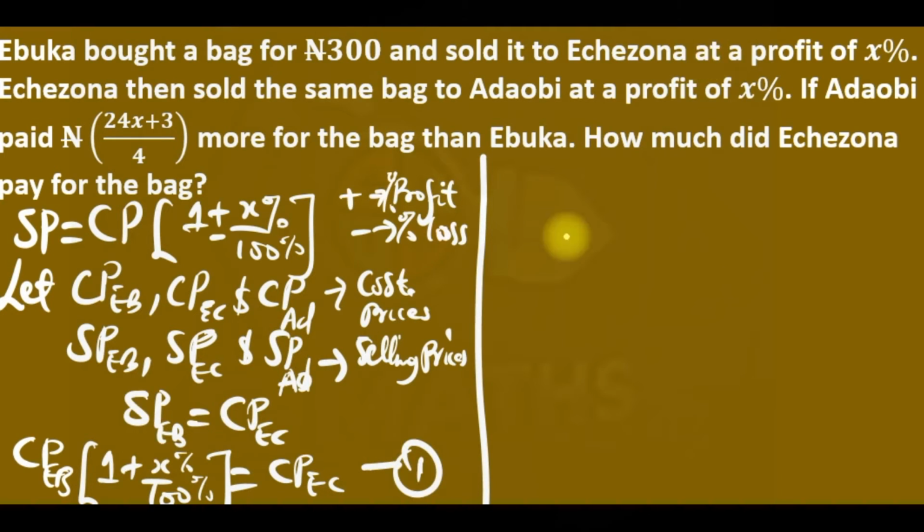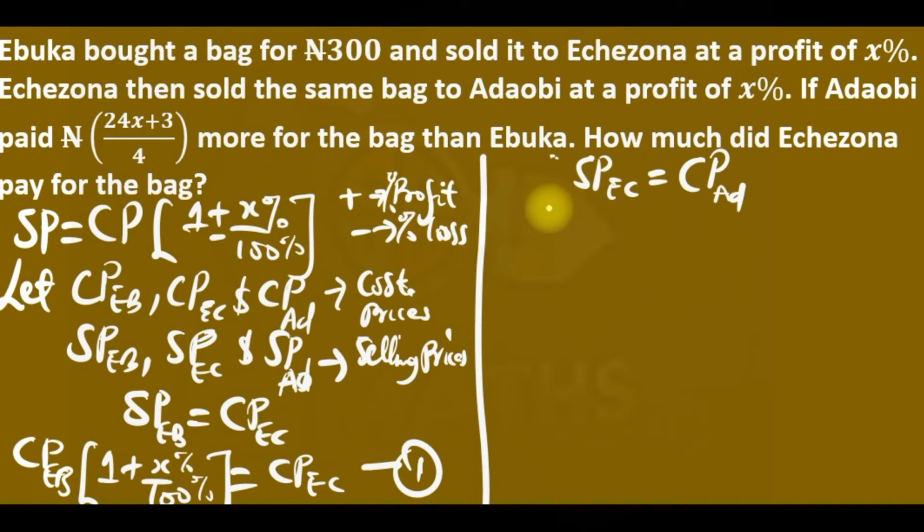Again, they said Echezona sold it to Adobe, so the selling price of Echezona is the cost price of Adobe. Do you get the logic? So the second thing: Echezona sold that same bag to Adobe at a profit of x%.